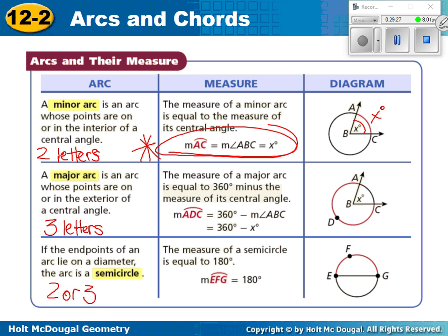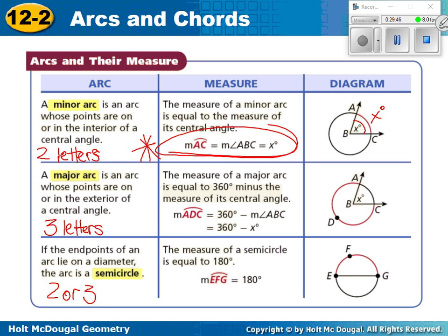It doesn't matter. Okay? What do you think a semicircle will be equal to? 180. It is half of a circle, so it's always going to equal 180 degrees. So if they ask you for the measure of a semicircle, it's not going to matter which direction you go. It's going to be 180 either way.